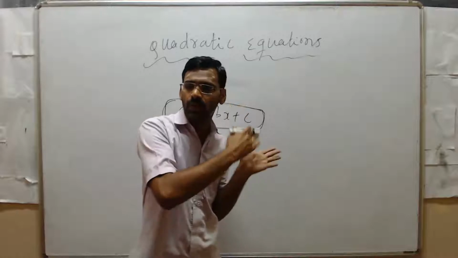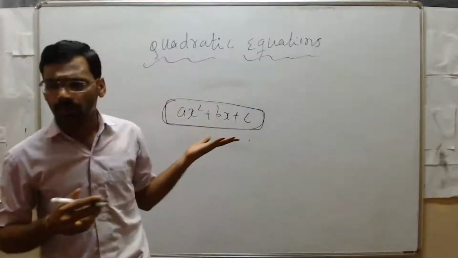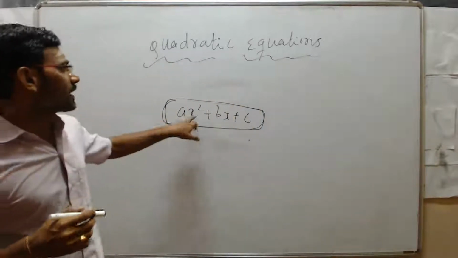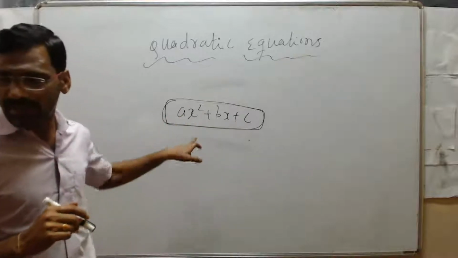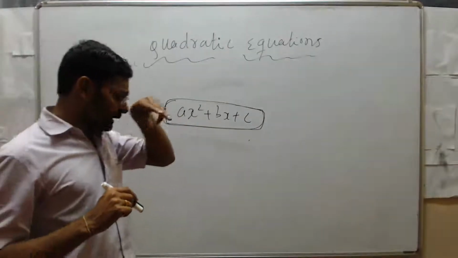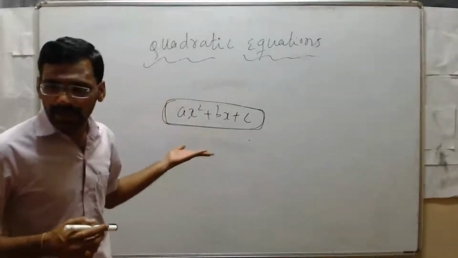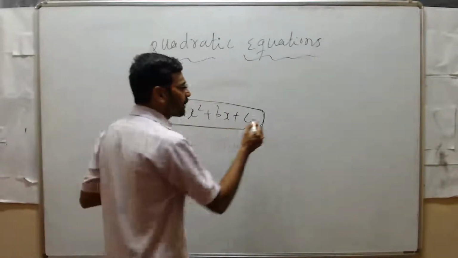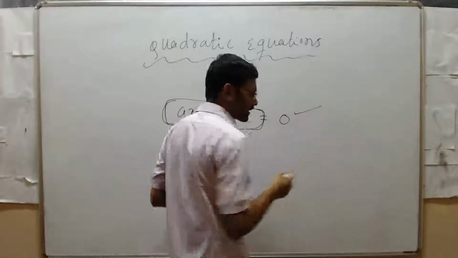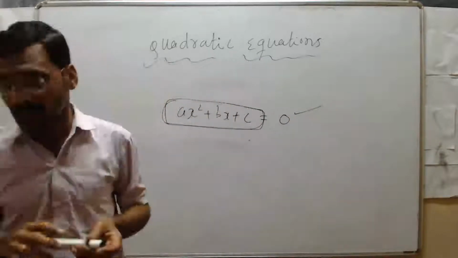This is the standard form of a quadratic polynomial: its variable is x, its degree is 2. X square coefficient is a, x coefficient is b, constant term is c. When this quadratic polynomial is equal to 0, it is considered a quadratic equation.